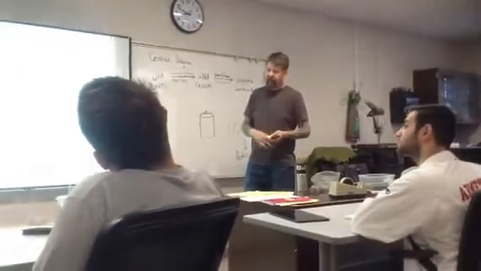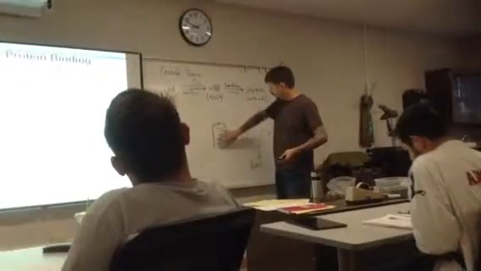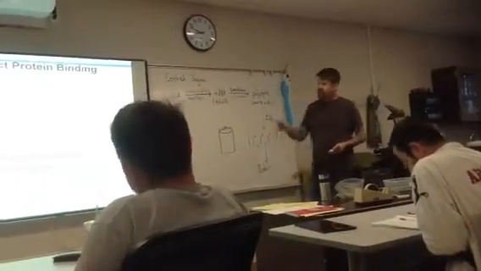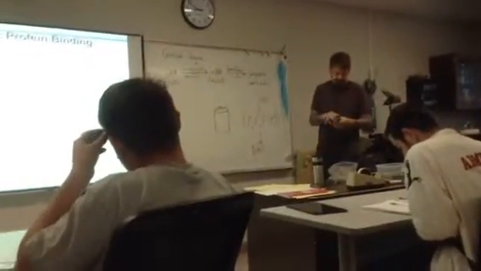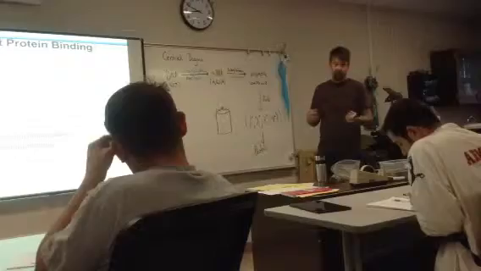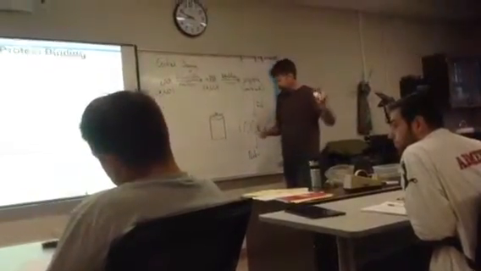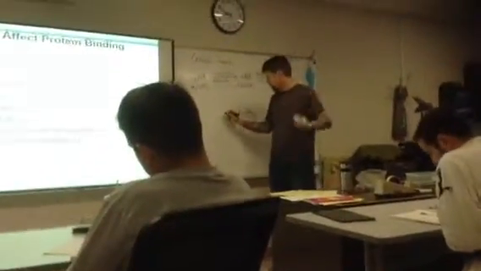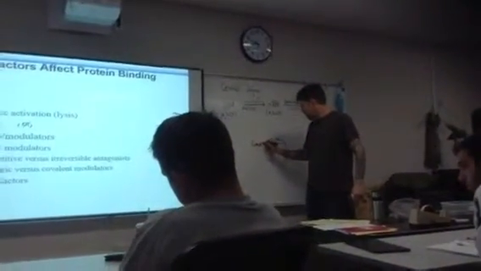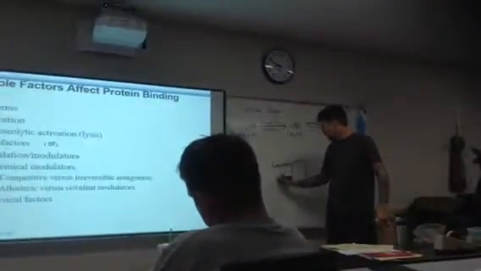The other thing that affects affinity, and we talked about that with these chaperone proteins, is the physical factors of the environment. There are two physical factors that are really important for us: temperature and pH.